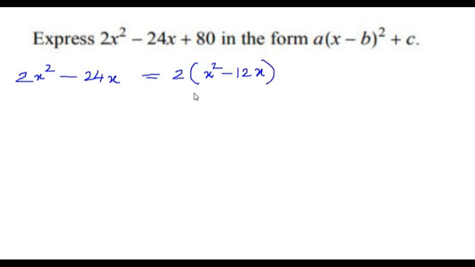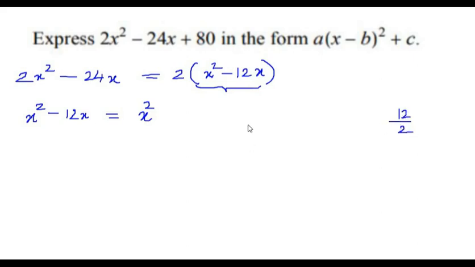Now after doing this, I am going to take the bracket term, that is x square minus 12x. For this I am going to apply the completing the square method. The first term stays the same, that is x square. Now the coefficient of x, that is 12, we have to divide by 2.